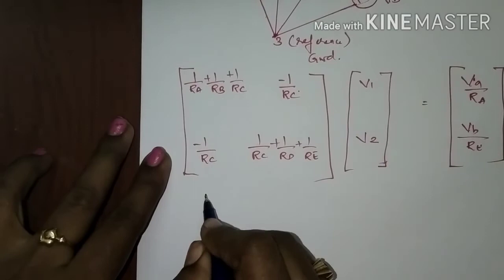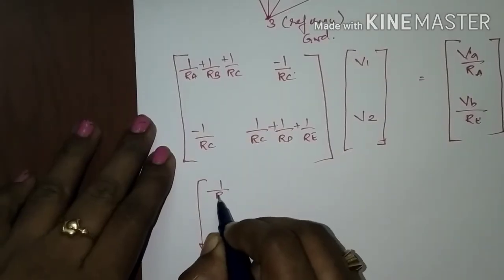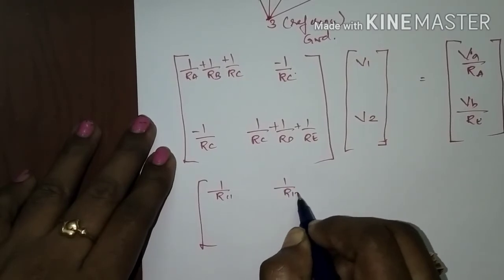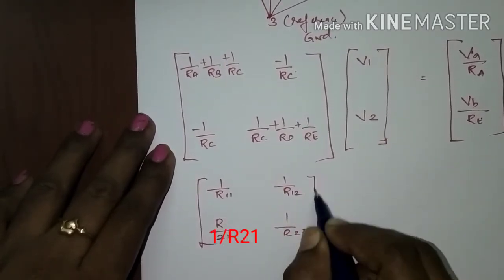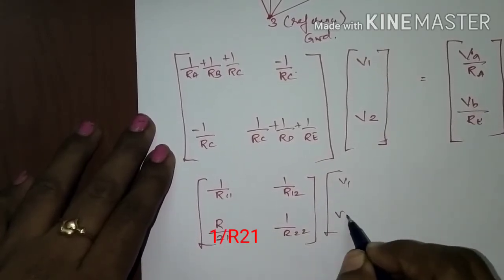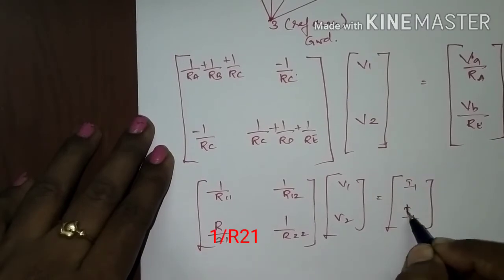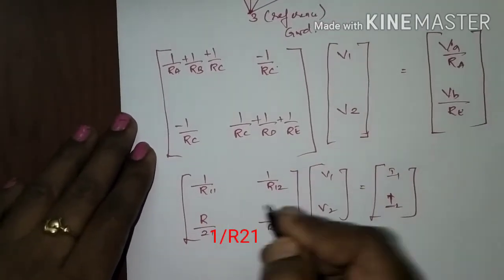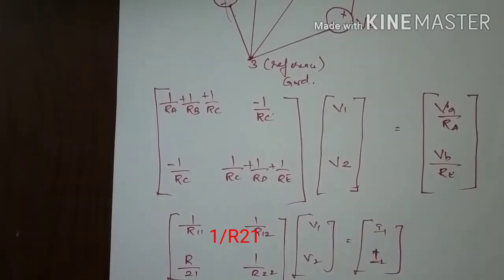In general, you can write this as the matrix 1 by R11, 1 by R12, 1 by R21, 1 by R22 multiplied by V1, V2, which is equal to I1, I2. This is the general format for the matrices and determinants for nodal voltages.